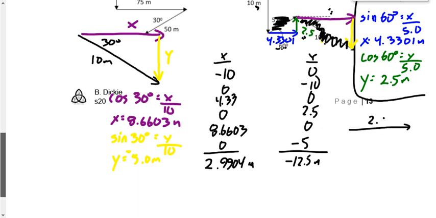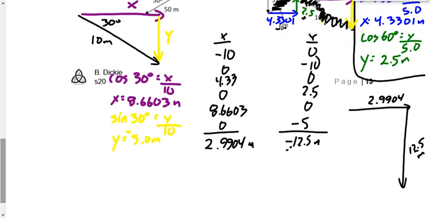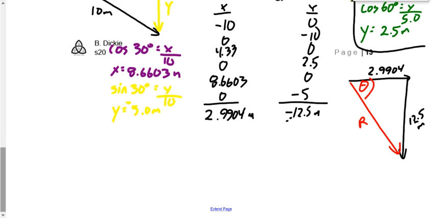Let's say 2.9904 to the right, 12.5 meters down because it's negative. And that resultant vector is going from start to finish with the angle right up here at the start of the vector diagram. Finally, we're almost there. Let's say r is the square root of a squared plus b squared, using a value of 13 meters.